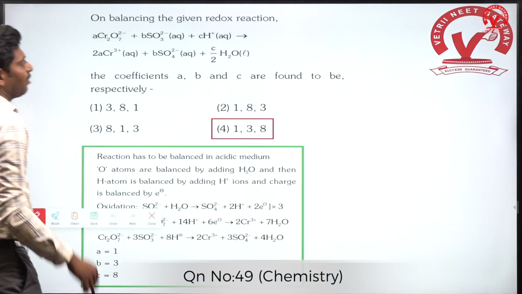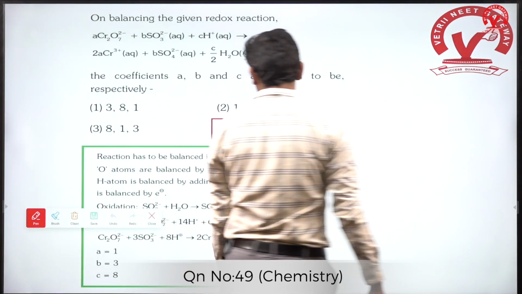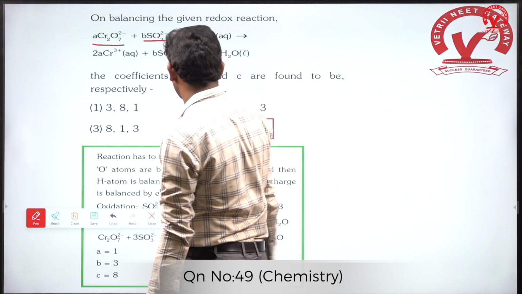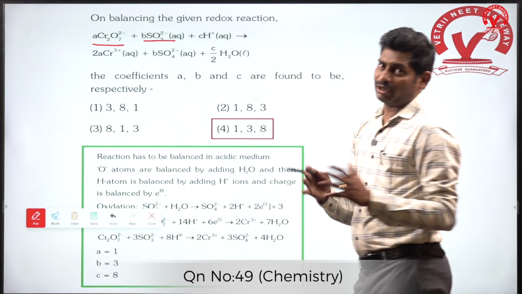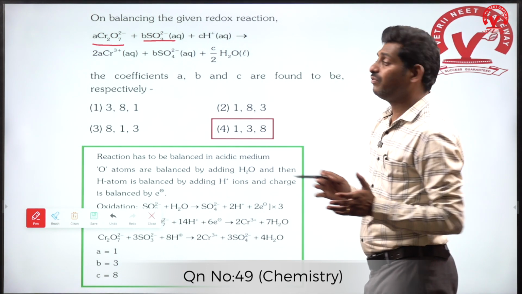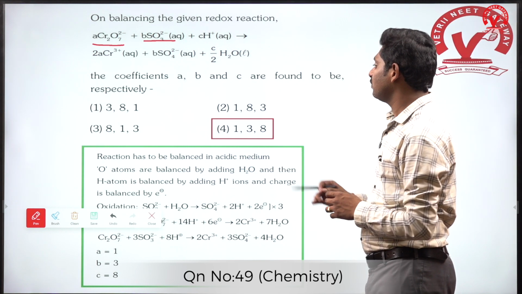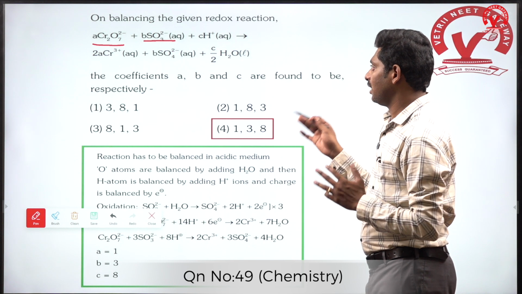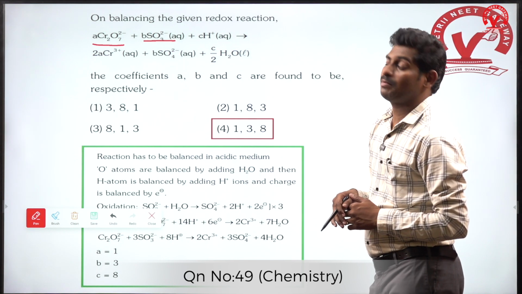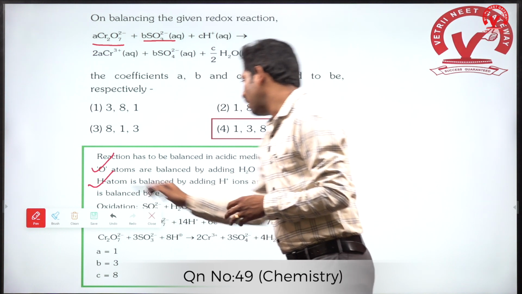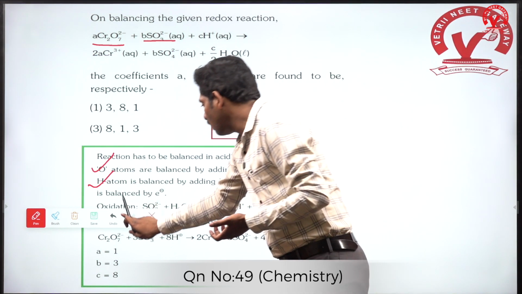On balancing redox reactions, a direct question, a book question. Cr2O7, SO3. First you change it into oxidation half and reduction half. Then you balance the atoms other than oxygen and hydrogen first, then balance the oxygen atoms, then the hydrogen atoms, then the electrons.